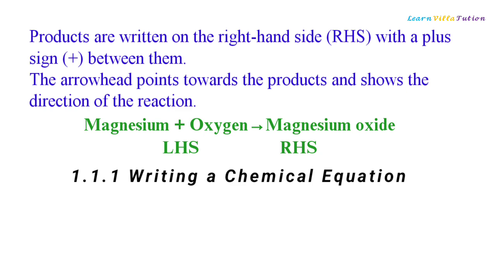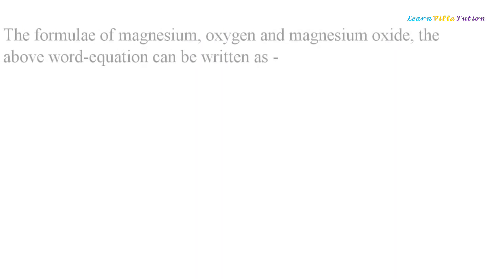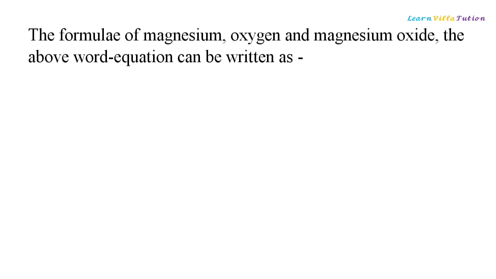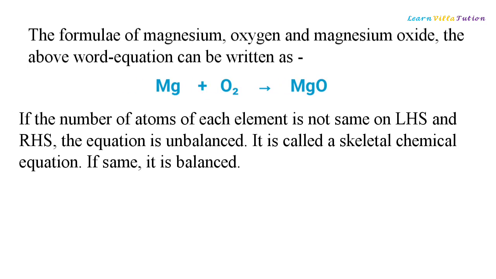Writing a chemical equation. Chemical equations can be made more concise and useful if we use chemical formulas instead of words. A chemical equation represents a chemical reaction. Using the formulas of magnesium, oxygen, and magnesium oxide, the above word equation can be written as Mg plus O2 gives MgO.